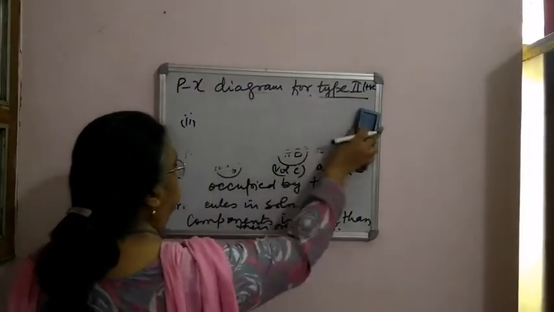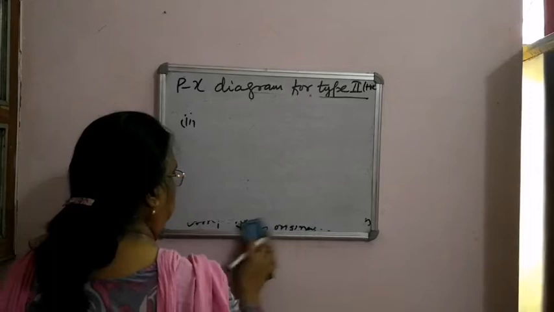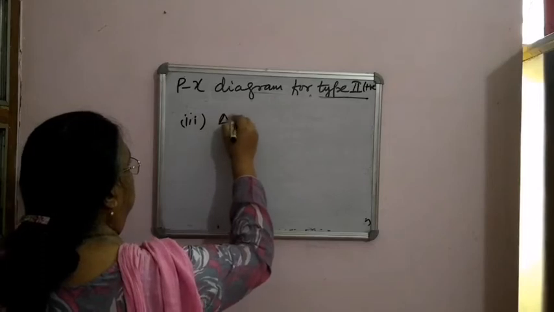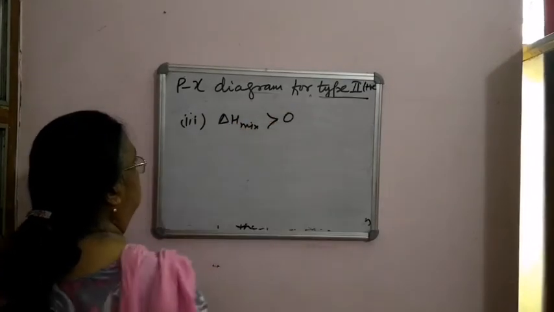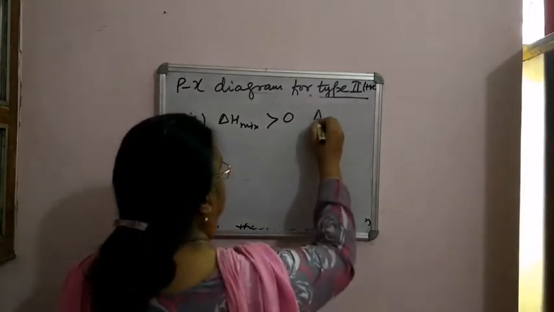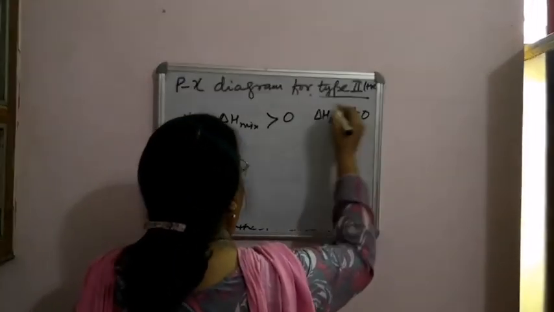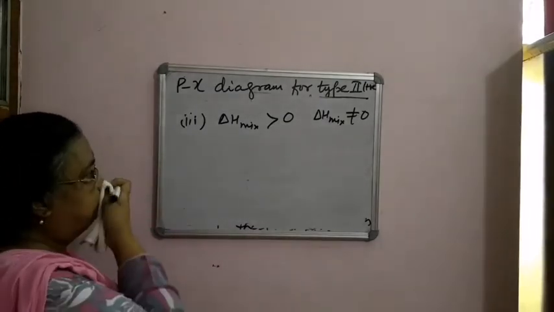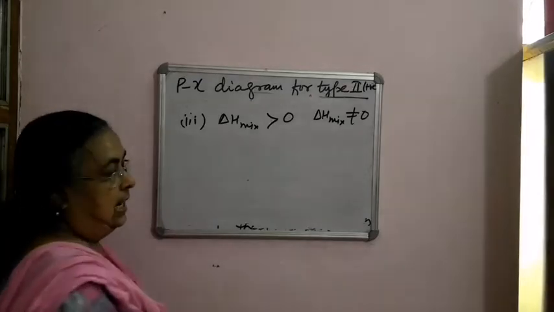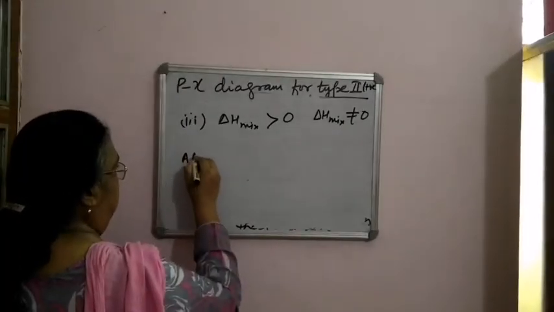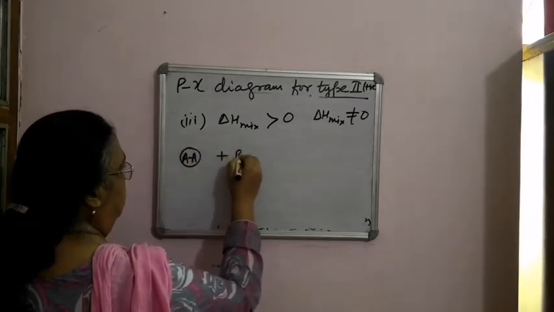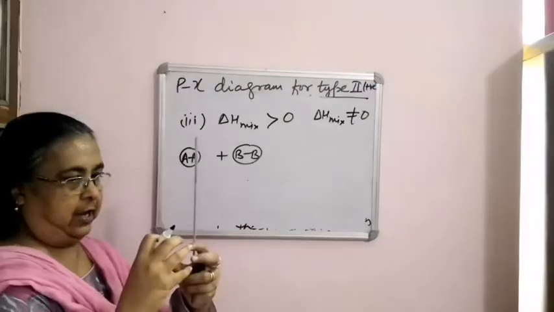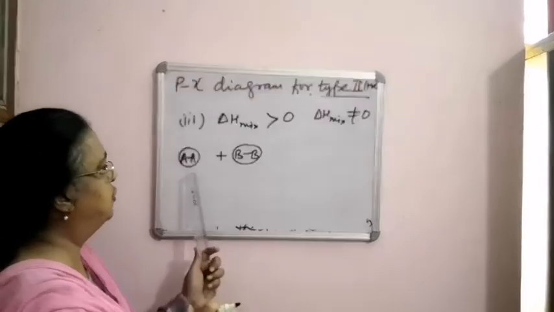Now see the third point. Delta H mixing is not equal to 0. What does it mean? It means that a molecule of A and another molecule of A are held together, so their binding interaction force is stronger.